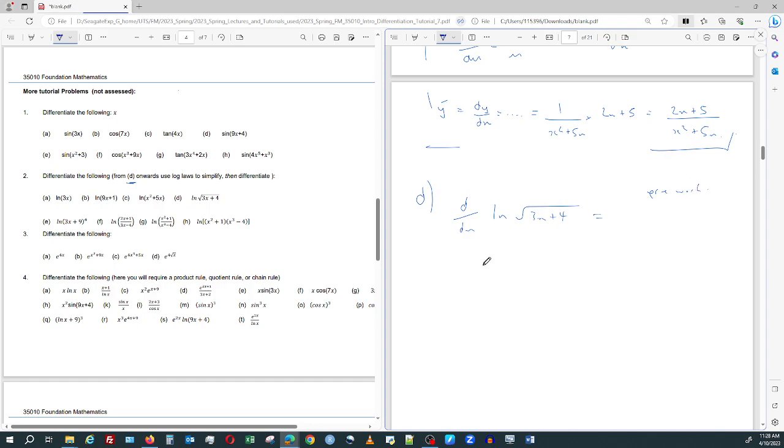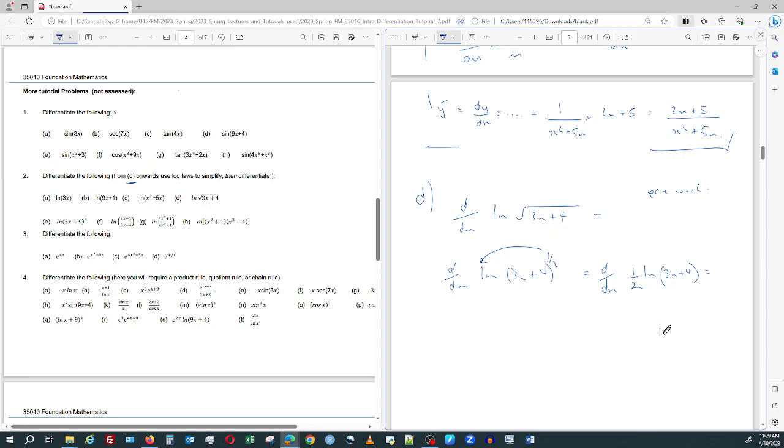If I do d dx of the ln of 3x plus 4 to the power of half, maybe we can take the half out the front, because that's a log law, isn't it? So we can do d dx of 1/2 the ln of 3x plus 4. Okay, and then we can think about doing our actual differential. So the half is needed just for this part.